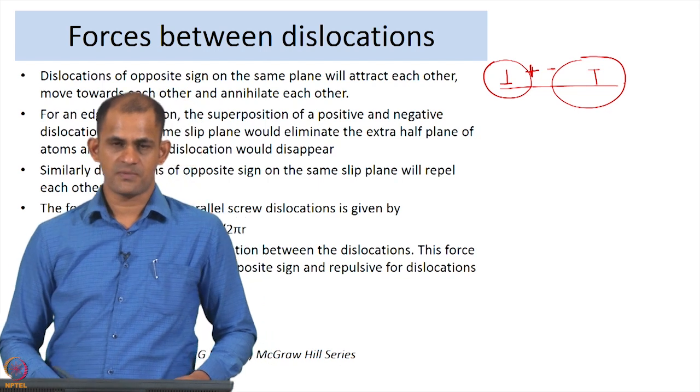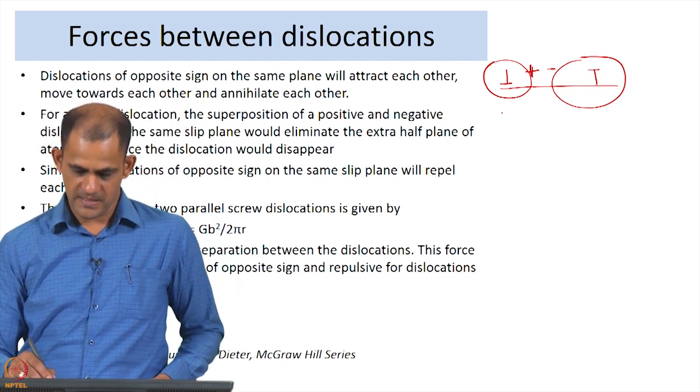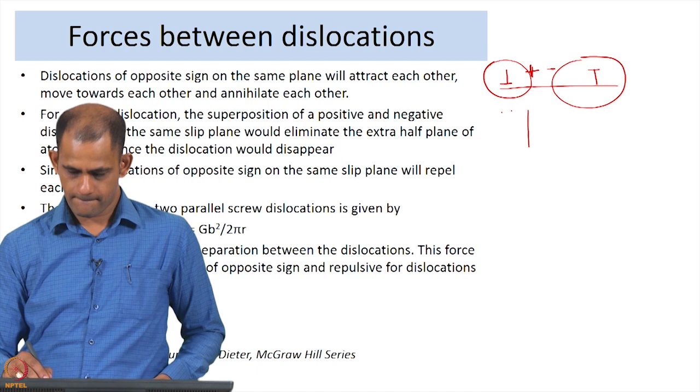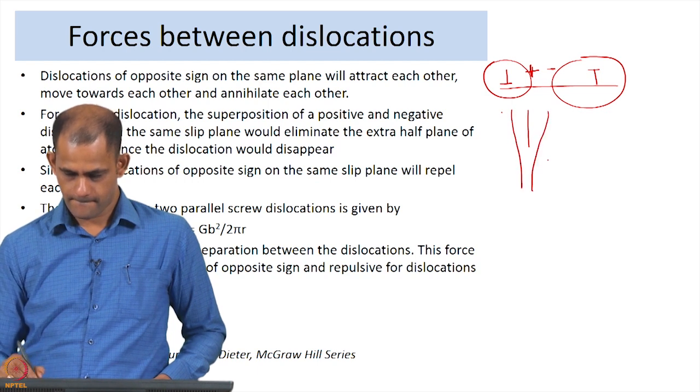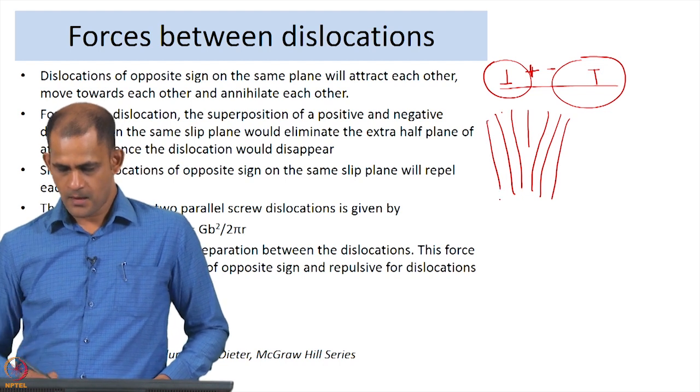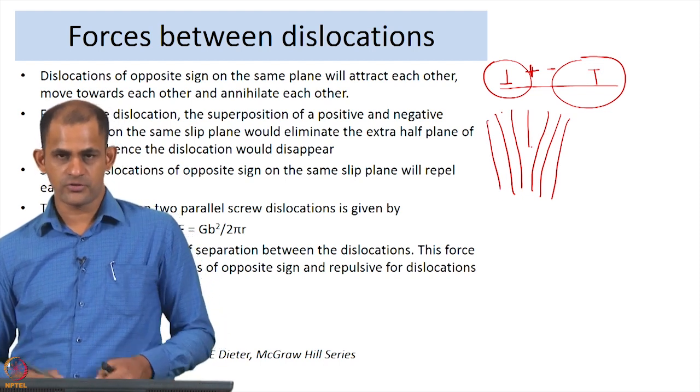which also makes sense from the fact that the dislocation is basically an extra half plane of atoms which is introducing disorder.